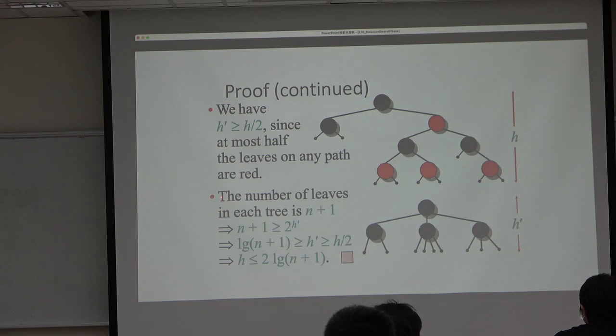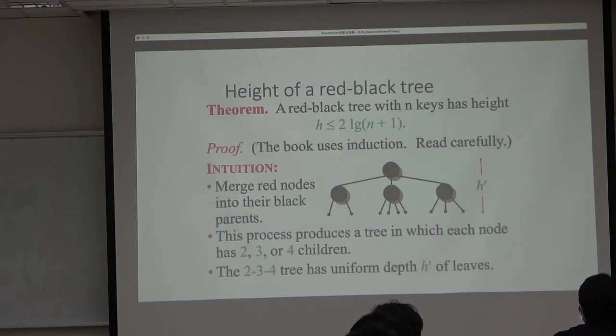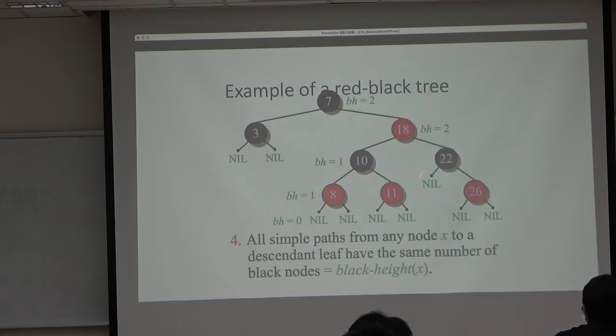The number of leaf nodes in each tree is n plus 1. We know that. What is n? Remember, n is the number of keys, or put another way, n represents the number of internal nodes.